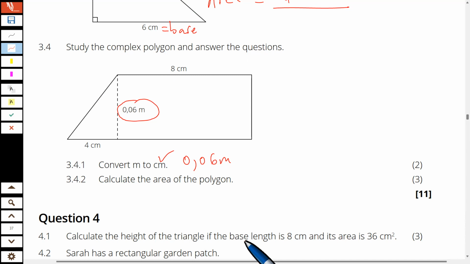Let me know when you're done. Is this 6 centimeters? That's a good question. Yes, it is. The reason for that, obviously, is because you need to multiply. So you need to learn that 1 meter is actually 100 centimeters.